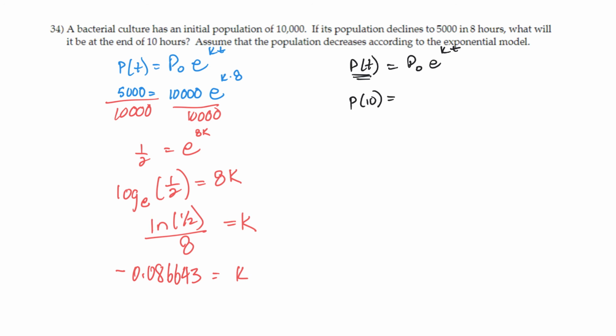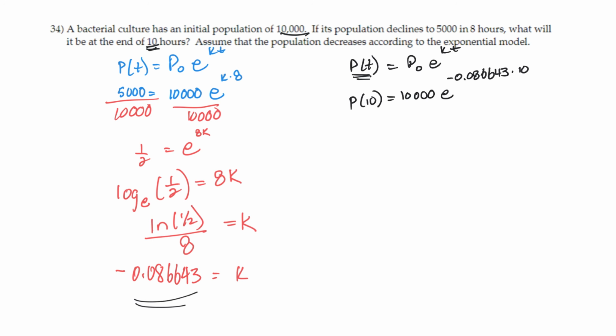It is equal to how much they start with, still 10,000, e to the k, I just found that out. So it would be negative 0.086643 times the time. This time my time is 10 hours, so times 10. Well, I don't have to do any log form at all. I just plug this in.